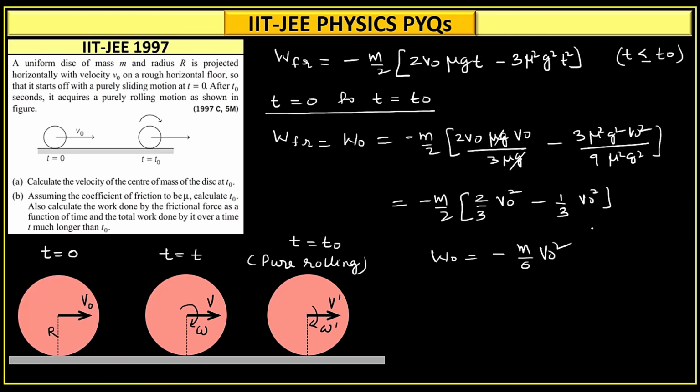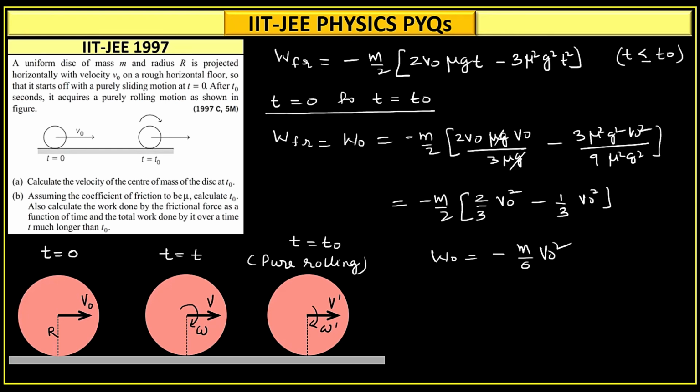So now let me summarize everything. Work done by friction in a general time t: if t is less than t naught, that work done is this. At time t naught, pure rolling starts, and once the body starts doing pure rolling, there will not be any friction.